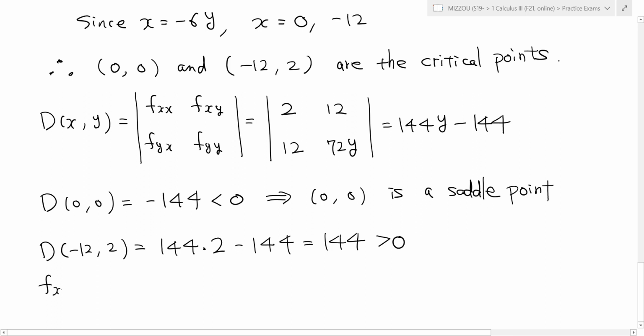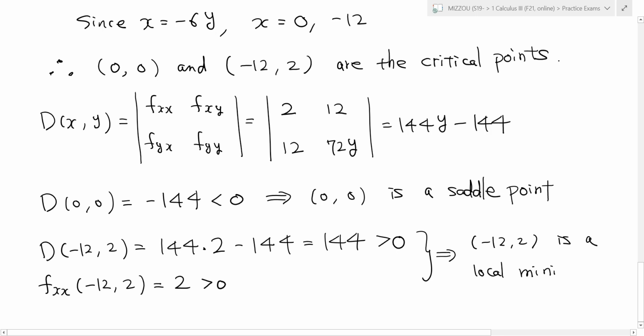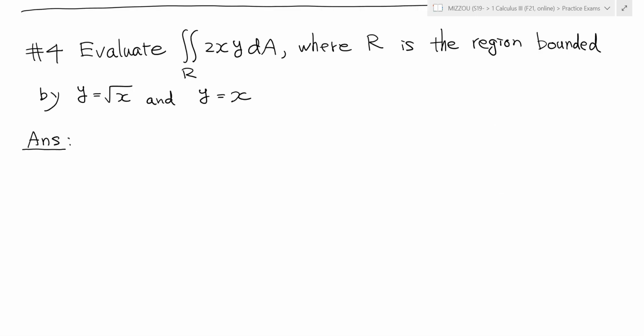To check that, we compute f sub xx evaluated at negative 12, 2. Actually, f sub xx is 2 no matter what x and y are, and this is positive. So those two imply that this point, negative 12, 2, is a local minimum. All right, so that's the answer for this question.